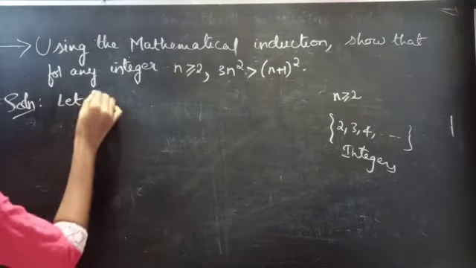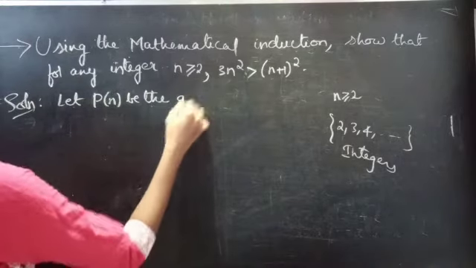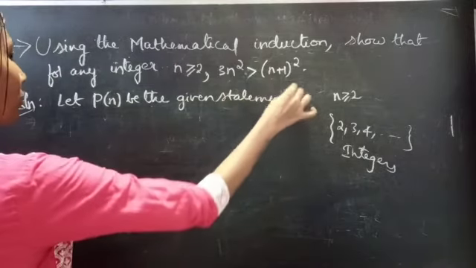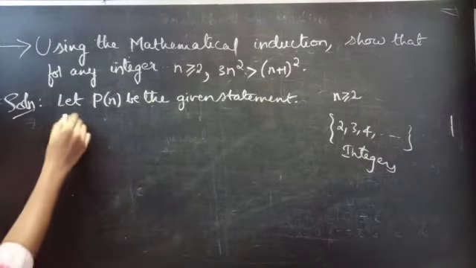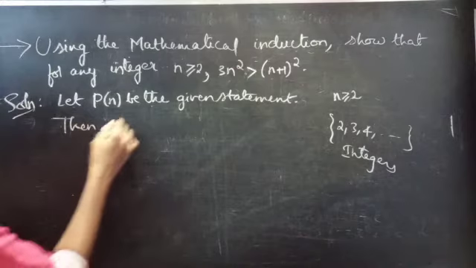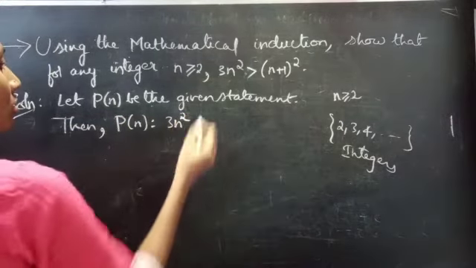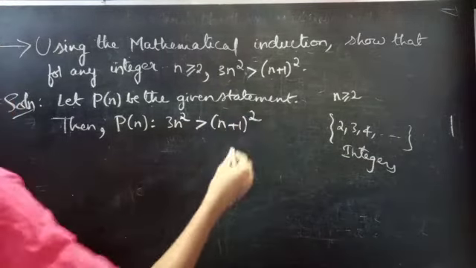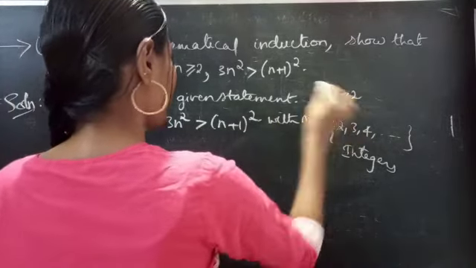Let P of n be the given statement. Then P of n: 3n square greater than n plus 1 whole square with n greater than or equal to 2.